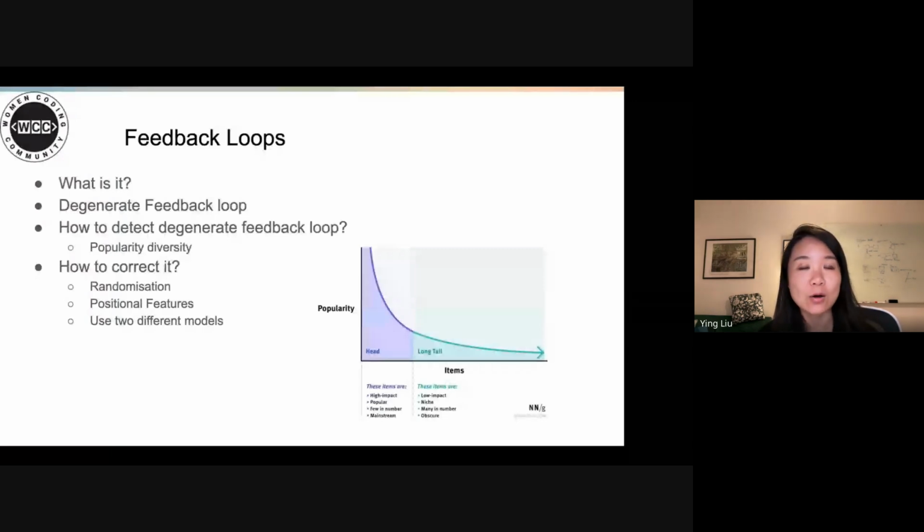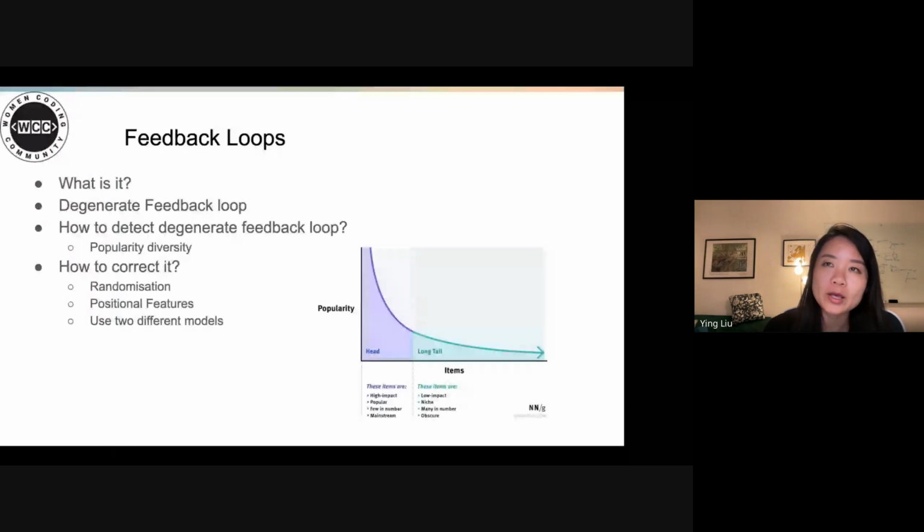This is how companies collect the information. They say, okay, people click them, so it's counted as a good recommendation. Then you have this long tail distribution.